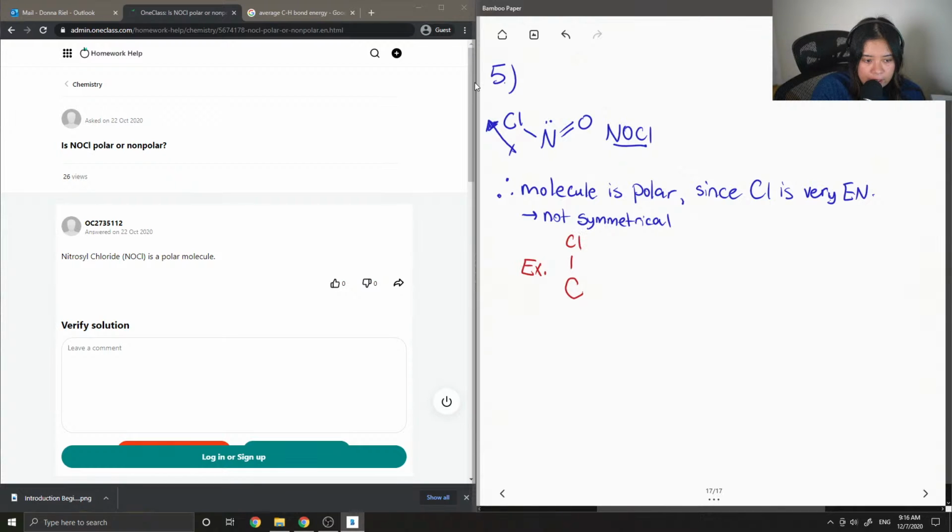This is if we have carbon attached to 4 chlorines, all of them with the same electronegativity. So their dipole moments are able to cancel out. So carbon tetrachloride is nonpolar.